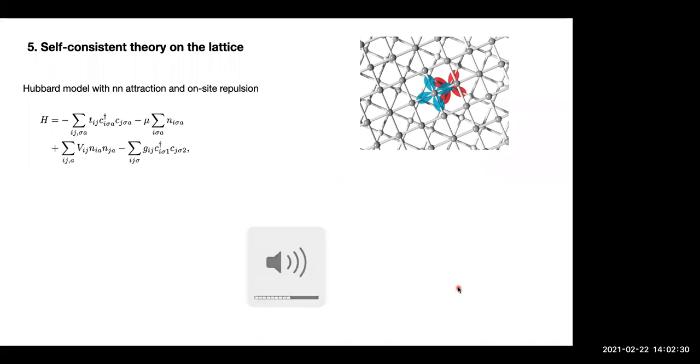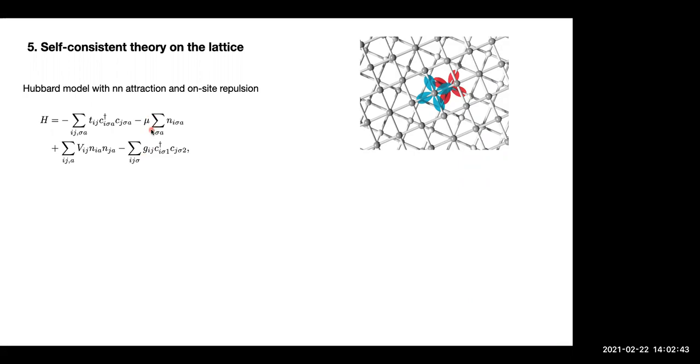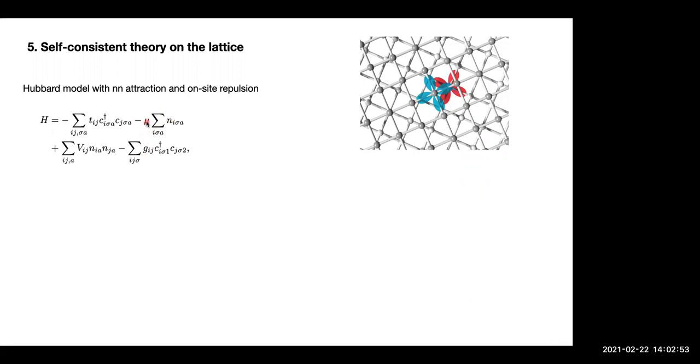Without filling, these two lines don't mean much, right? So filling is how many electrons per site? Okay. So this is controlled by this parameter mu. And in a real material.